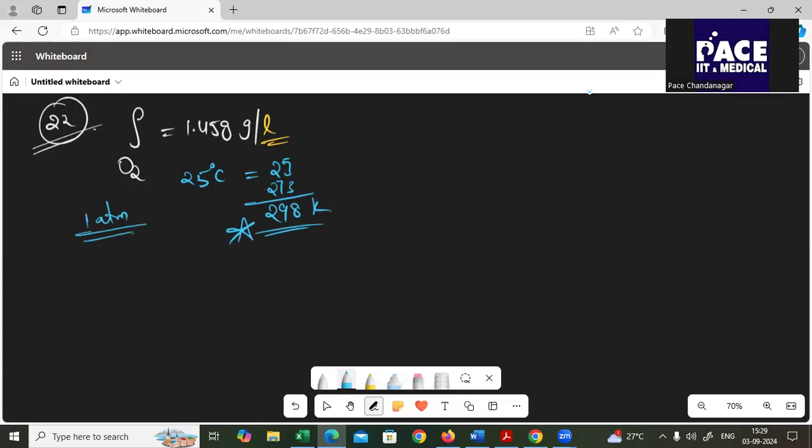Next, it says, at what pressure will O2 have twice the density value? Which means the density of B will be 2 times the density of A. Let me give you the question back again.